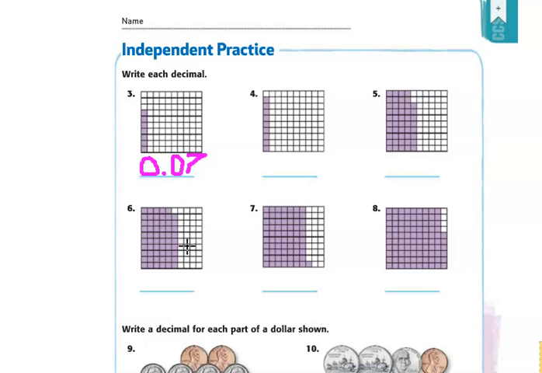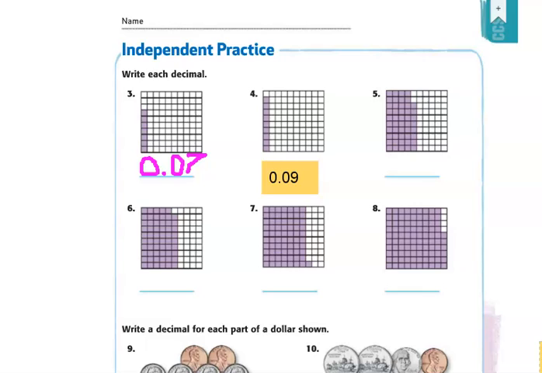So 0.07. That's how that one would be written. Let's try using some text boxes here. Okay, so we've got 0 wholes that are shaded. We have 0 full rows that are shaded. And if I count those boxes, I will see 9 hundredths that are shaded there.